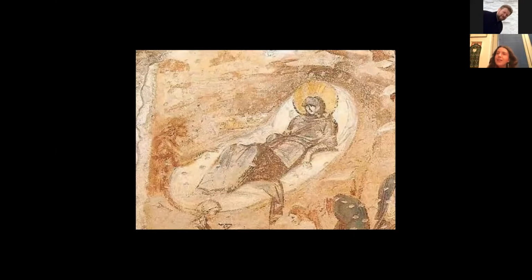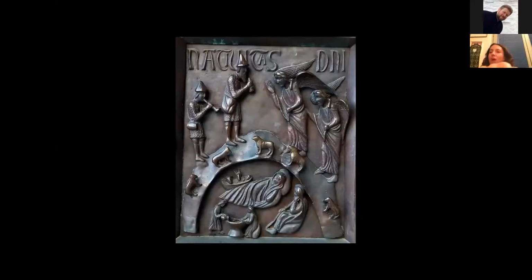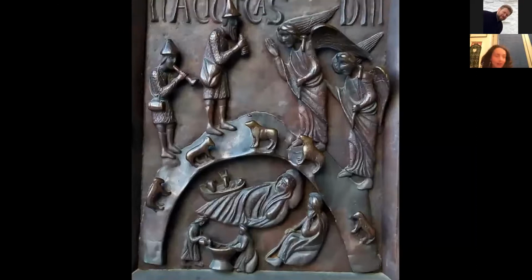So these elements of the other characters taking part in the Nativity are also evident in sculptures such as the one I chose to show you tonight. In this case, we have an image of a part of a door. It's a door of a church in Pisa.